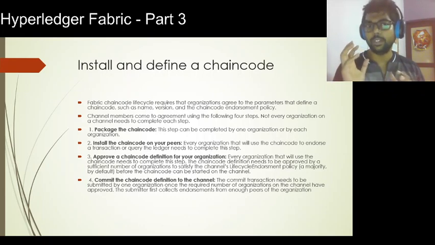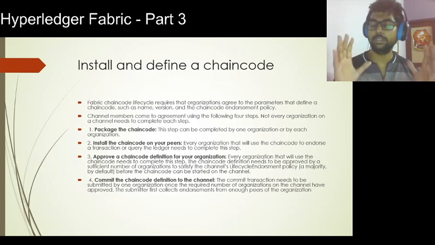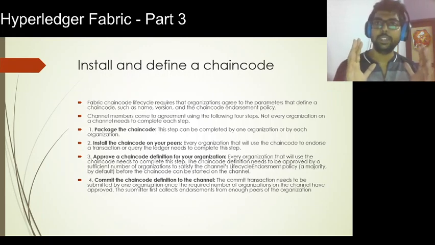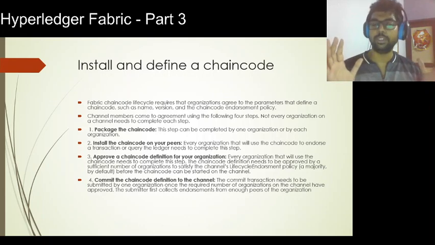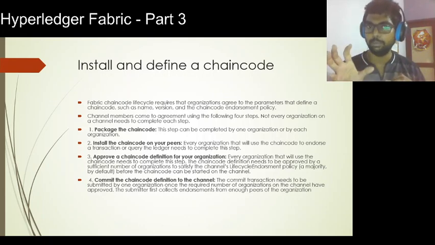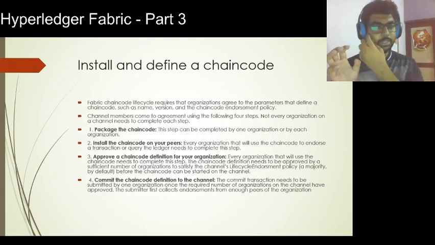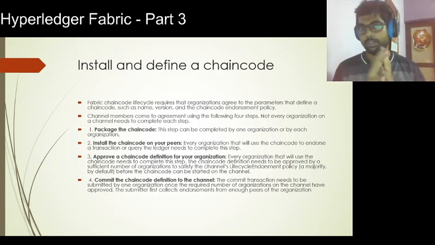So if they want to approve or endorse the transaction, or they want to query the transaction, every organization needs to install this chain code on their peers. In our previous blockchain example, we saw peer nodes 1, 2, 3, 4, for 4 organizations. Each organization will have one peer node, and this chain code which we packaged needs to be installed there.